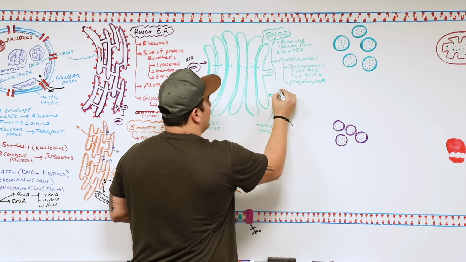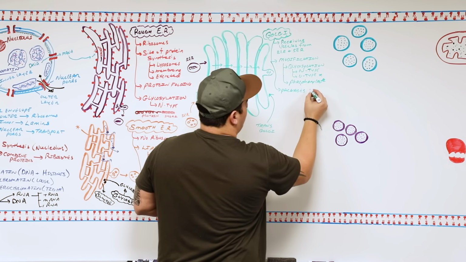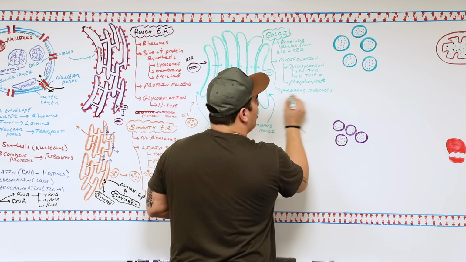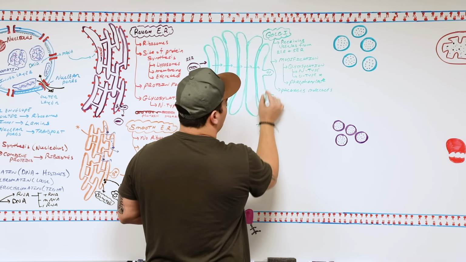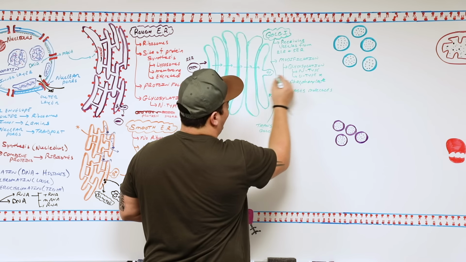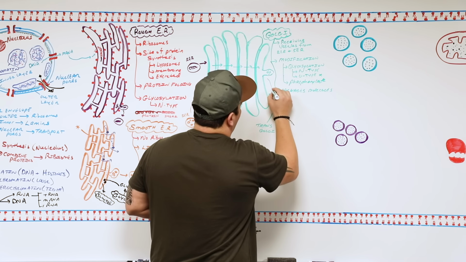The next thing is it packages these molecules. After it packages these molecules into their own little vesicles, remember how we said that these molecules will go through the Golgi, undergo these modifications, get stuck into a little vesicle, bud off, and then pop off here.